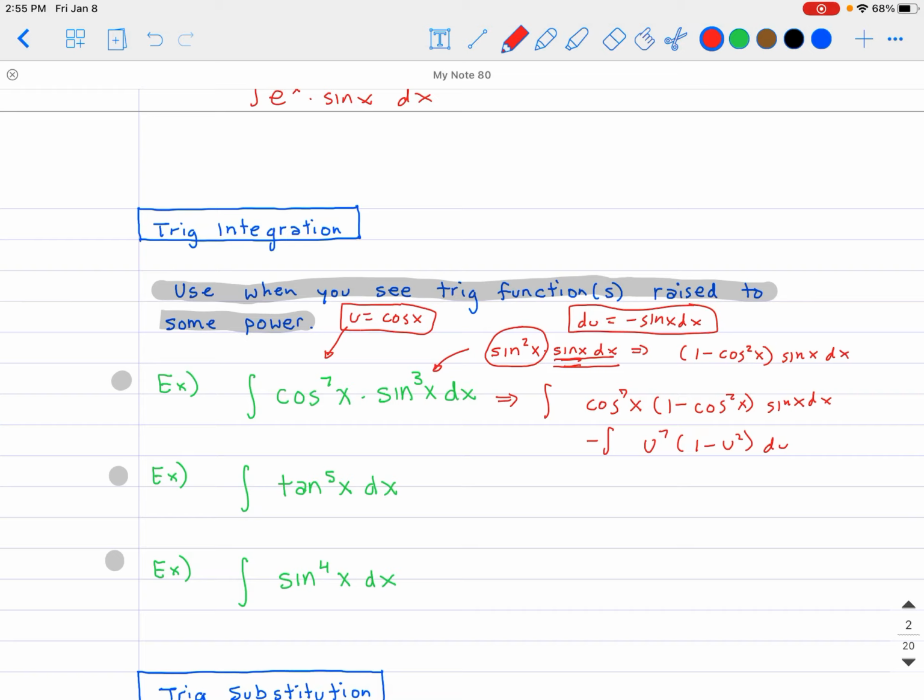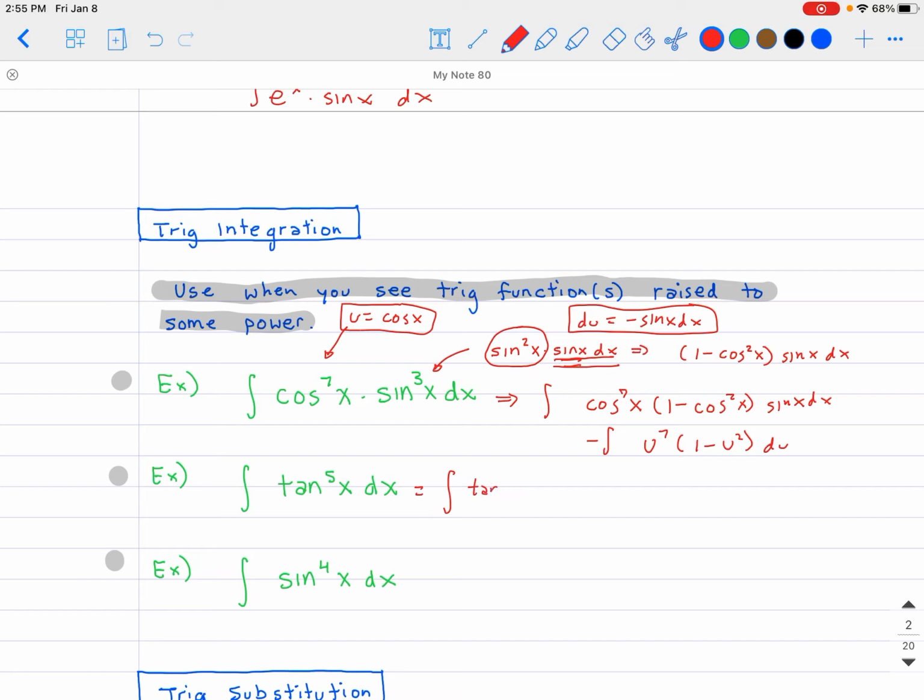Okay. For the second example, it's kind of the same idea. We have tangent raised to the 5th power, and you have to think to yourself, okay, tangent's derivative is going to be secant squared. So you need to somehow extract that out of the expression. So what I'll do is exactly the same thing. We'll take a piece of tangent and then somehow get a secant out of it.